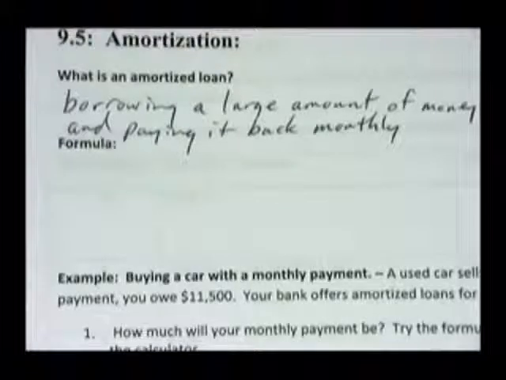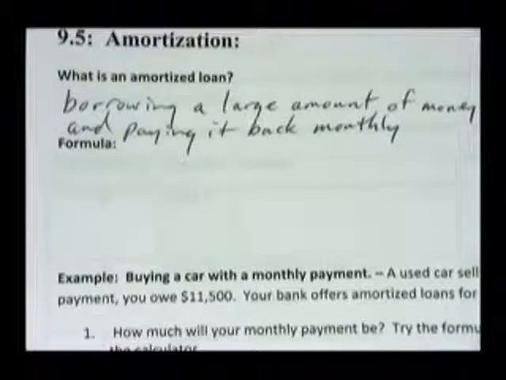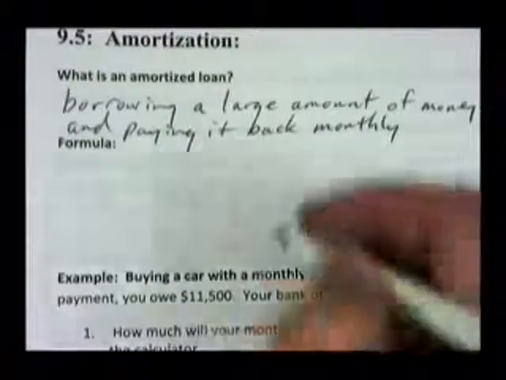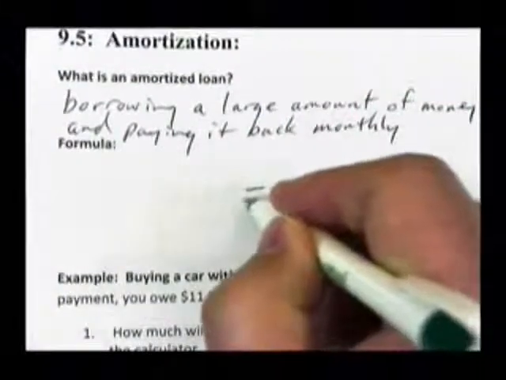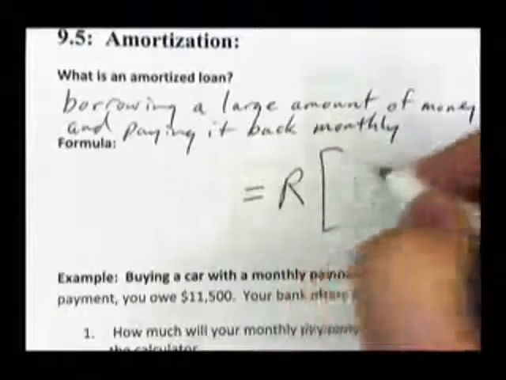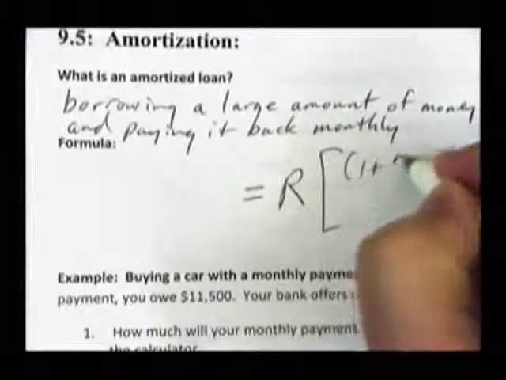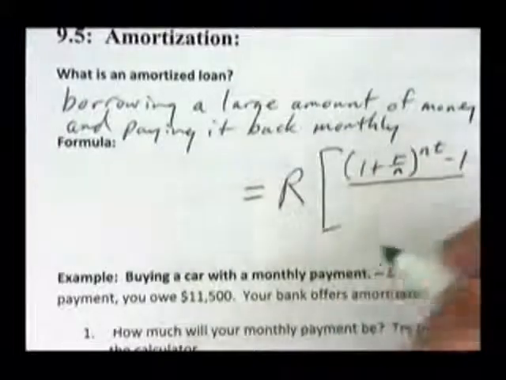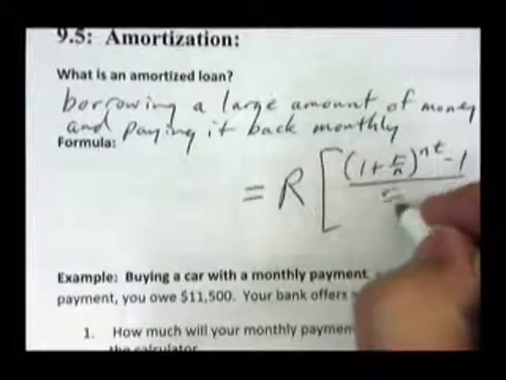And there's a formula for it, and it's even worse than the formula for annuities, although it does have a piece of the annuities in it. So if you look at the right-hand side of this formula, it's R times (1 + R/N)^(NT) minus 1, over R/N.